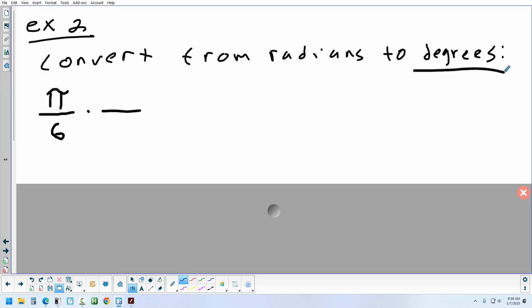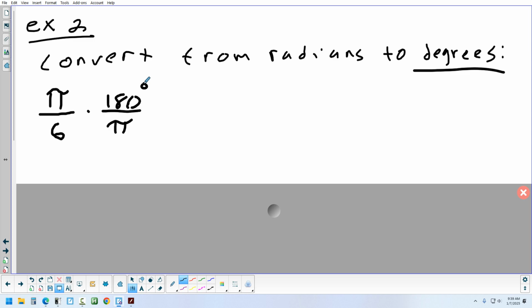If radians is in the top, on the left, where would radians go in this fraction? Bottom. And what number do we always put with radians? Pi. Okay, if radians is in the bottom, now they're going to cancel. What would go in the top? 180 degrees. Okay, so radians cancels, that's invisible.